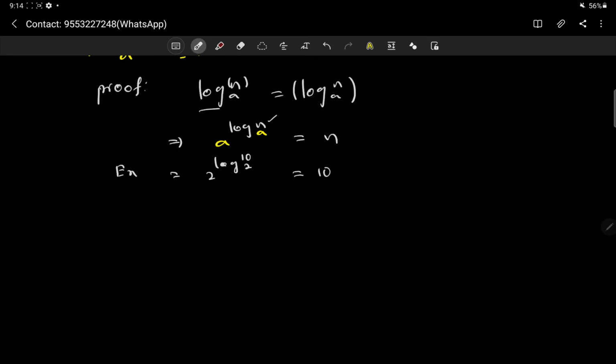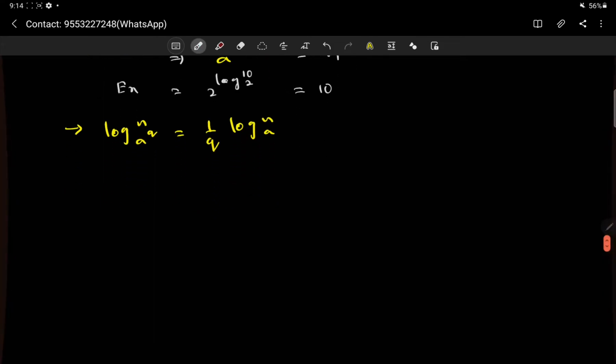Next result that we need to prove is log n base a power q is equal to 1 by q log n base a. So this one we need to prove. See here, proof for it.